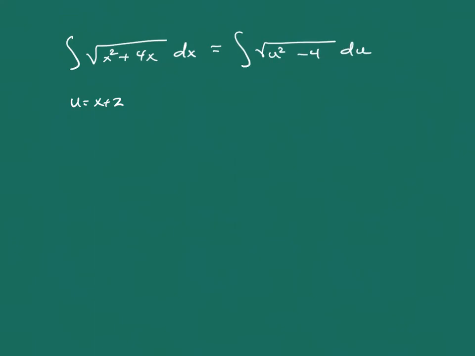So we originally had our integral of the square root of x squared plus 4x dx. We completed the square on that, where we said that u was going to be x plus 2, and that gave us an expression that looked like u squared minus 4 du for that one.